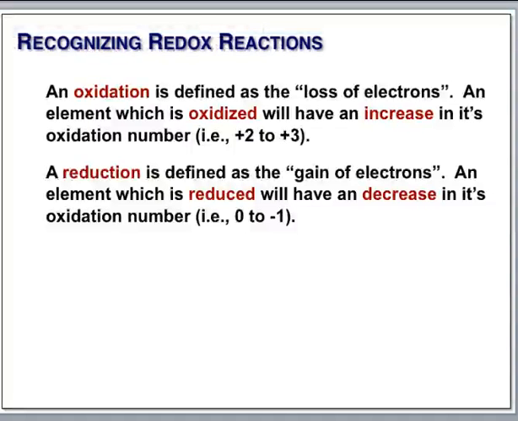Reduction is a gain of electrons. An element which is reduced has a decrease in its oxidation number, that means it gains electrons. Some of these words get a little bit messy, but you have to remember oxidation, loss of electrons, reduction, gain of electrons.